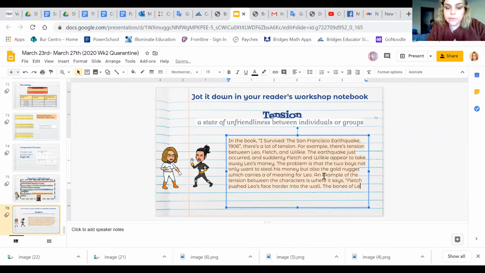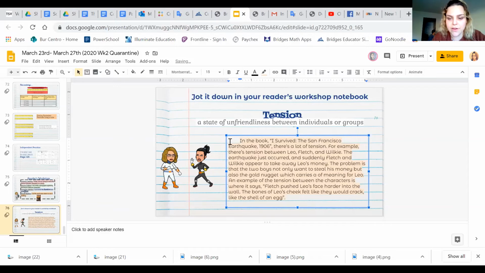The bones of Leo's cheek felt like they would crack, like the shell of an egg. Period. And I'm going to end it with my closing quotation mark so I see where my quote ends. And I'm just going to reread what I have so far and then maybe add a closing sentence to my paragraph. And I'm going to make sure I indent because this is a paragraph.